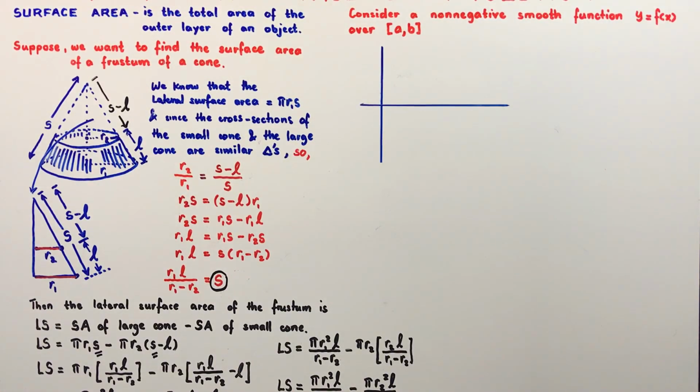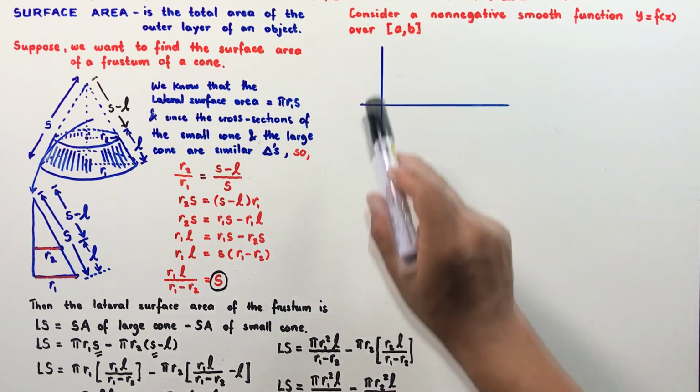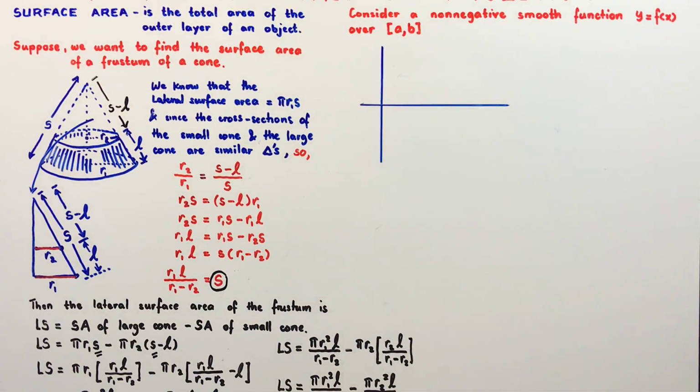Thus, we can use this formula of the surface area of the frustum of a cone to calculate the area of a surface of revolution. And since our goal here is to derive the formula in finding the area of a surface of revolution, we need to consider a non-negative smooth function y equals f of x over a closed interval from a to b.